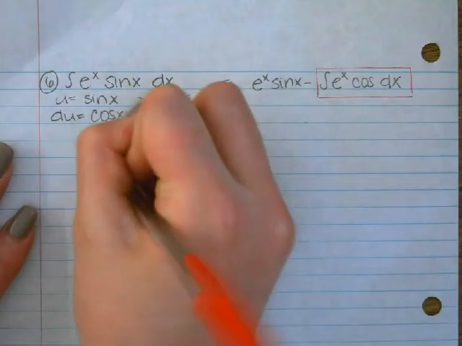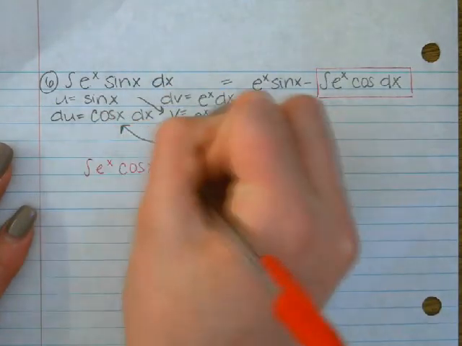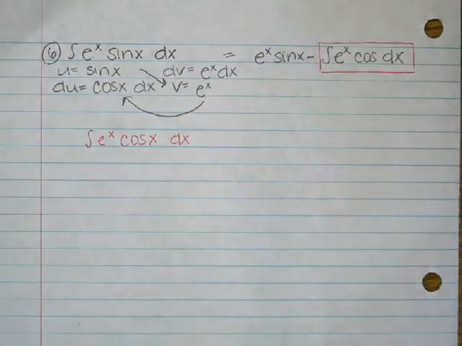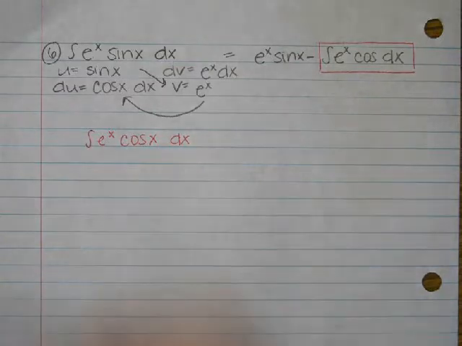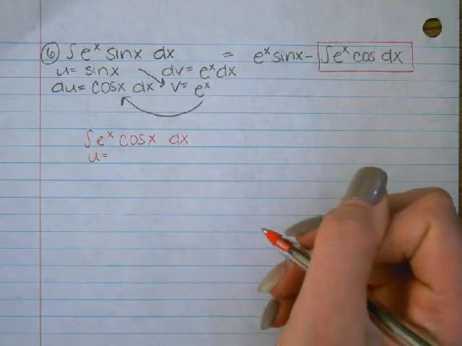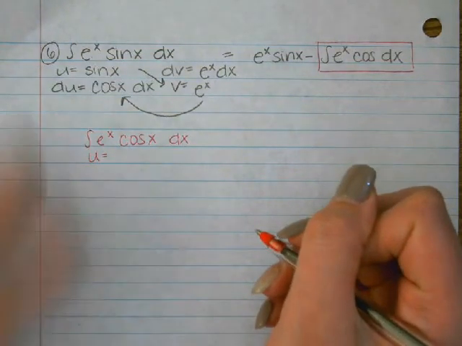So e to the x cos x, and I'm going to set it up in a similar way that I did the original problem, and you're going to see why I do that in a second. We're being super tricky here.